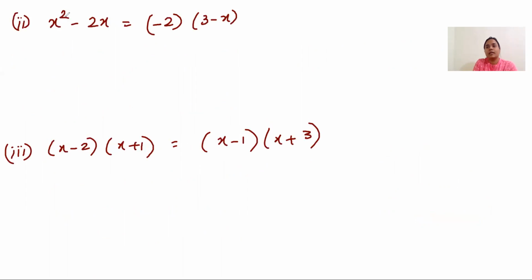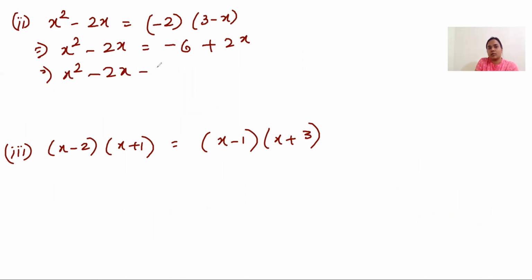Second question is x squared minus 2x is equal to minus 2 into 3 minus x. This implies x squared minus 2x is equal to minus 6 plus 2x. X squared, this 2x will come this side, this will become plus 6.